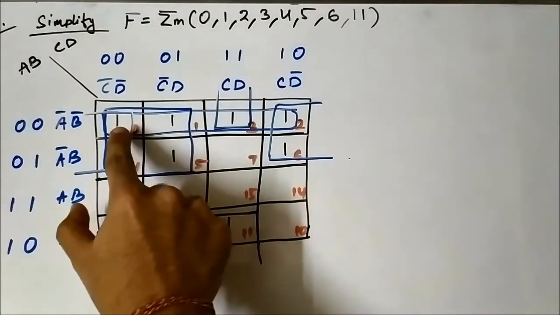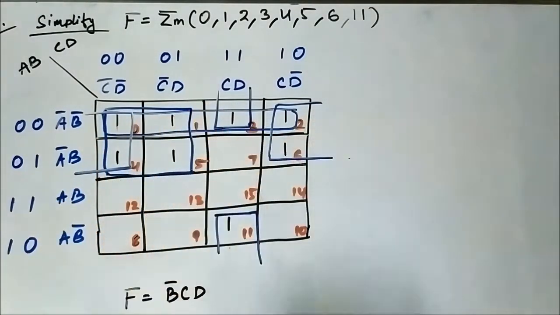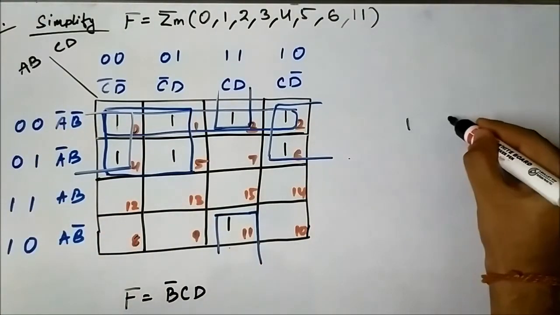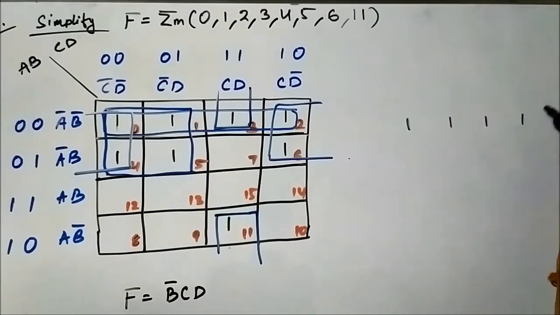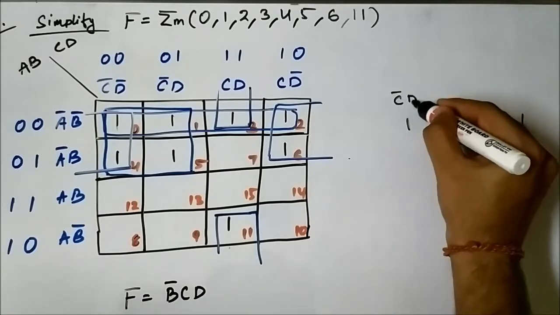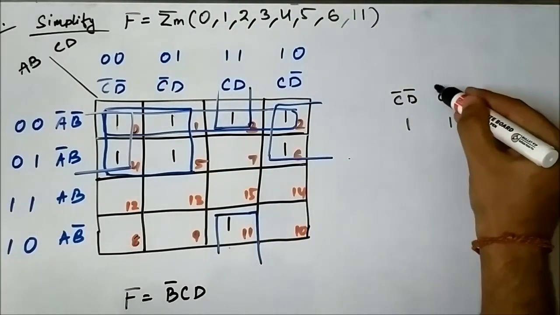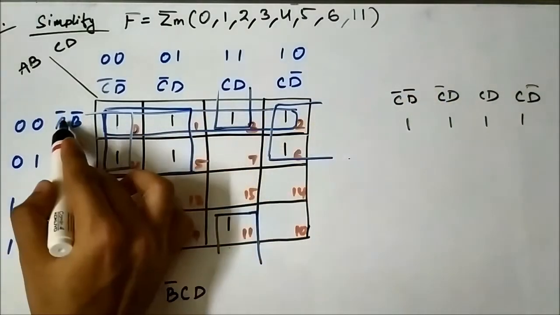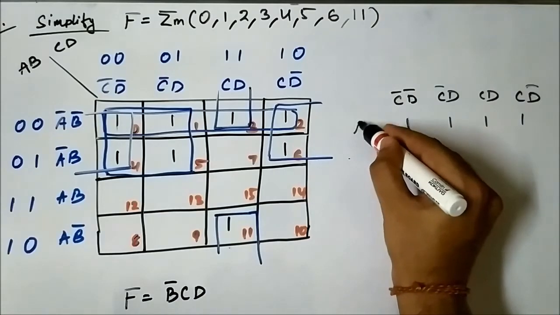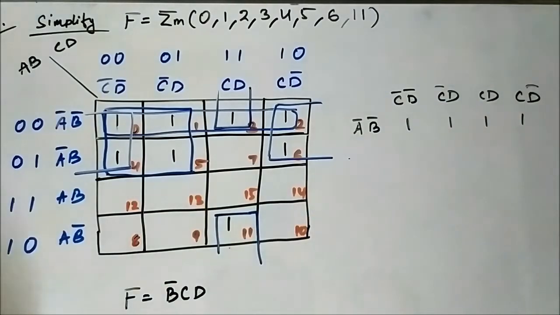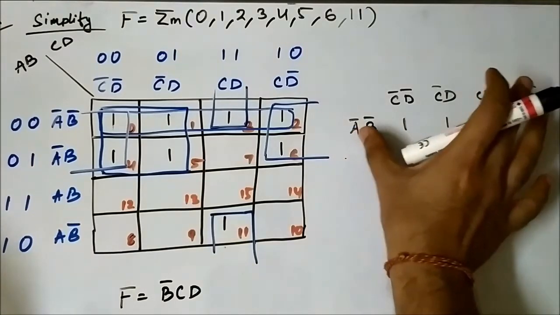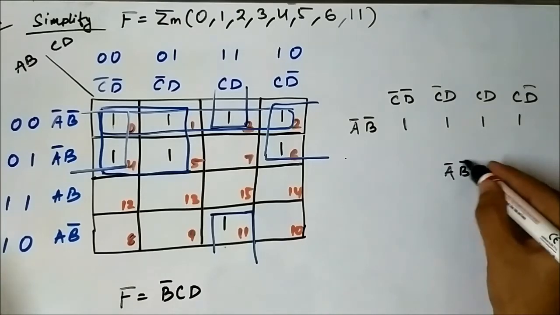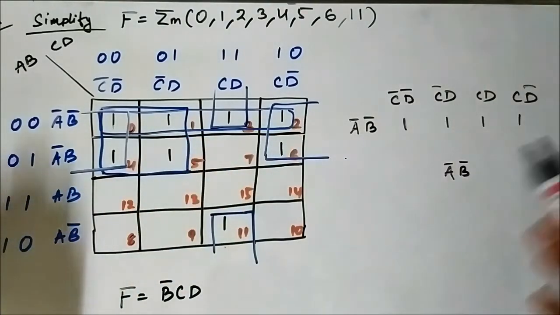Next are all quads. First this quad, involving cells 0, 1, 3, 2. Let us write it down. C bar D bar, C bar D, CD and CD bar, and the horizontal component is A bar B bar. In the horizontal side we have A bar B bar common in all the cells, but in the vertical side we have nothing in common.